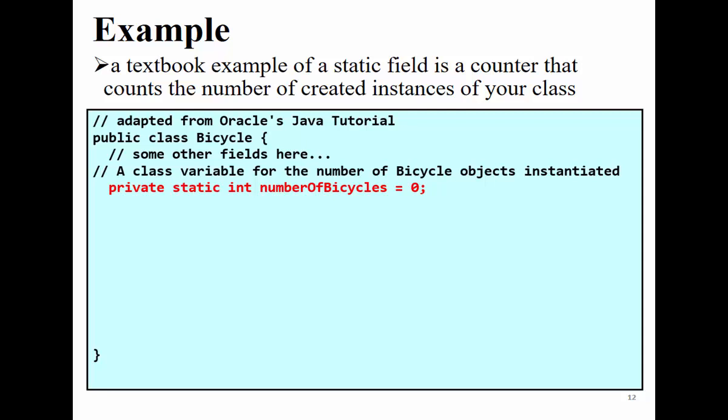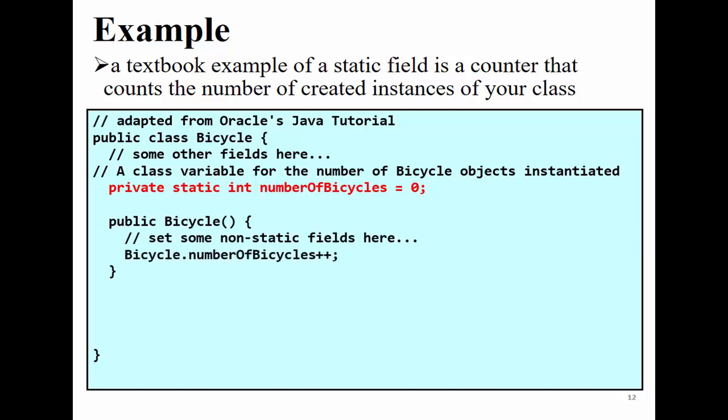The same copy. Now we have the constructor, and we know that the constructor is responsible for creating an object. So it's better to increment the static field inside the constructor, because to create an object of Bicycle, you need to call the constructor. Okay? Now, we access the static field without any object. So we can access the static field by the class name.